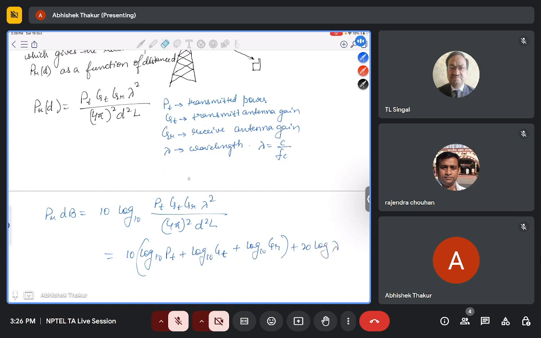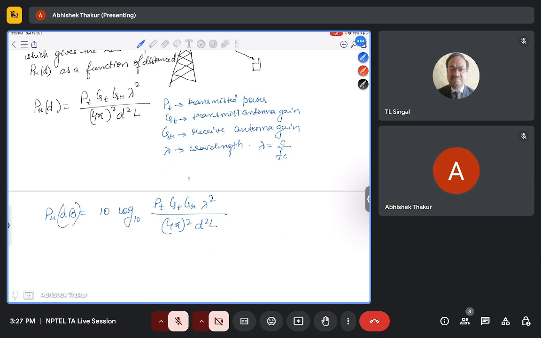We can find this by substituting the values, and in this way we can find the received power in terms of dB.